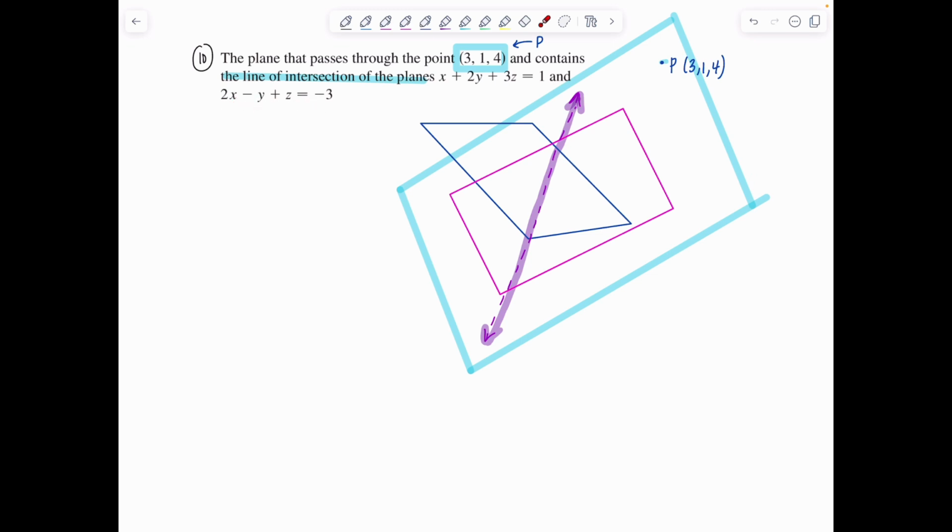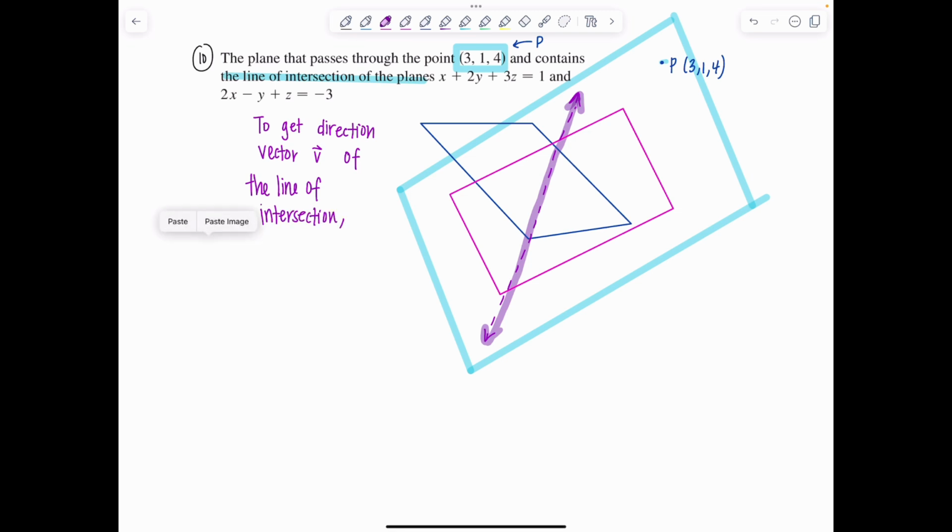So to get the direction vector of the line, let's just call it V, of the line of intersection, I'm going to take N1 and N2. Those are the normal vectors from each of the given planes, and cross them.